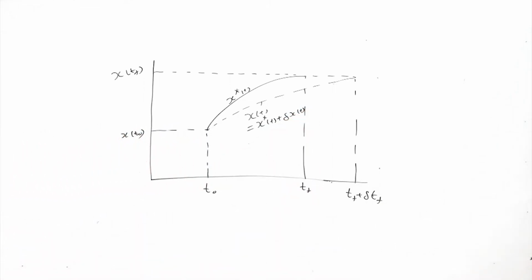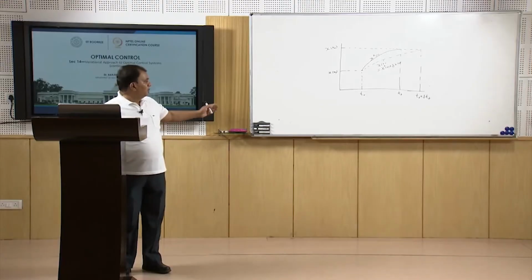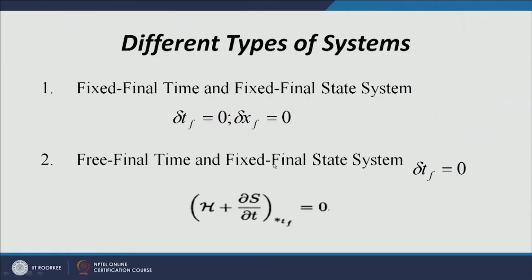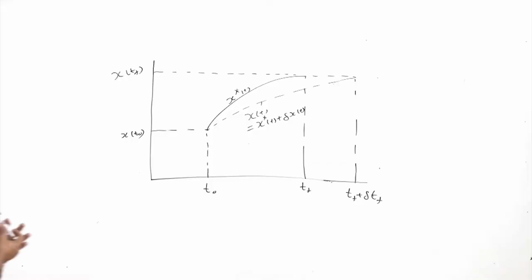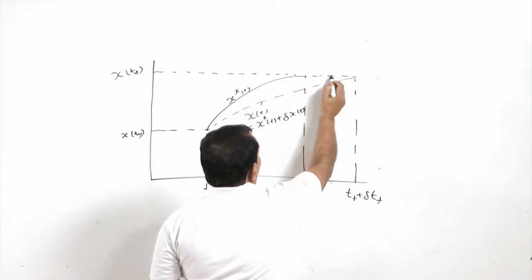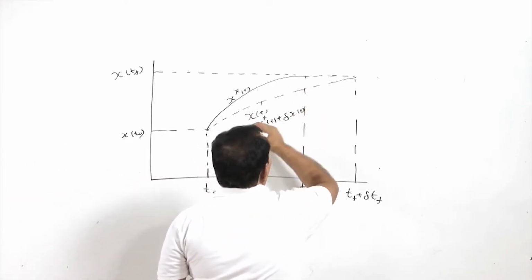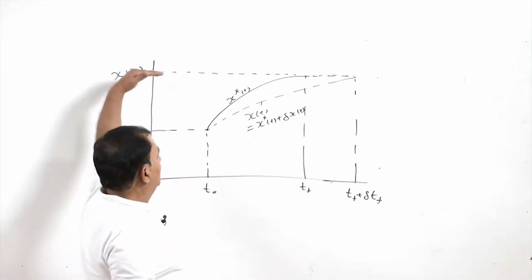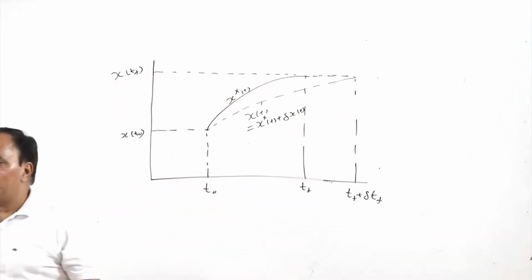That is my second case, where the final time is free and the final state x(tf) is fixed, so my trajectory can land anywhere in this region where x(tf) remains fixed.